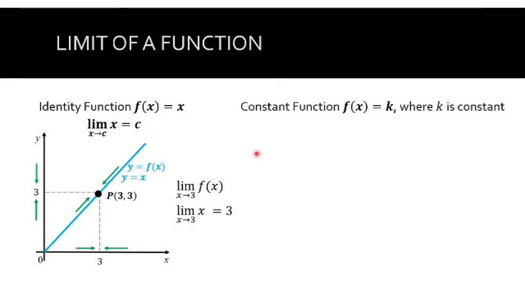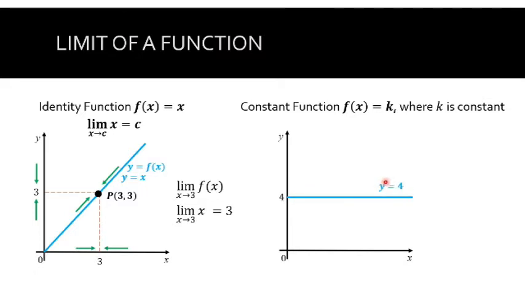Another function that we will use is the constant function f of x is equal to k. Constant function is represented by a horizontal line where k is the value on the y-axis where this horizontal line intersects. So for example, if the function is y is equal to a constant 4, then in any part of the graph, our value for y is constantly 4. So if we find the limit of the function as x approaches 2, it is still equal to 4.